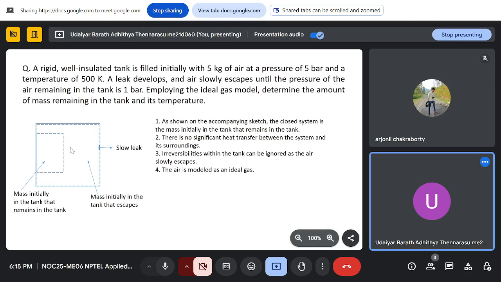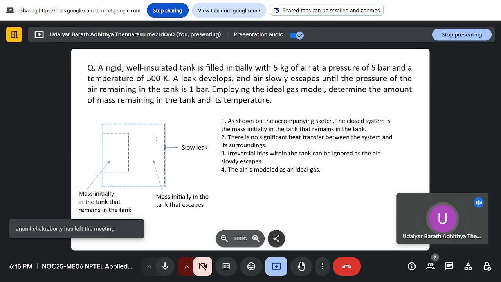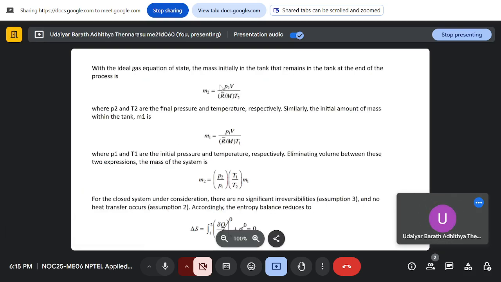Here it's a control volume, so we have put it across the tank. If you see the small box, we are assuming that is what will be left after the gas has expanded.